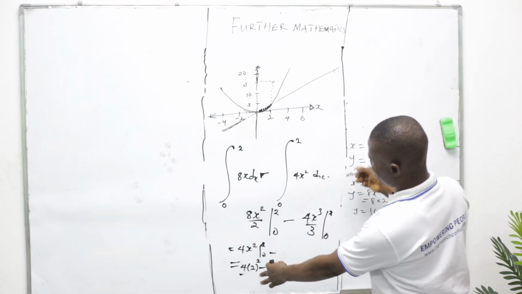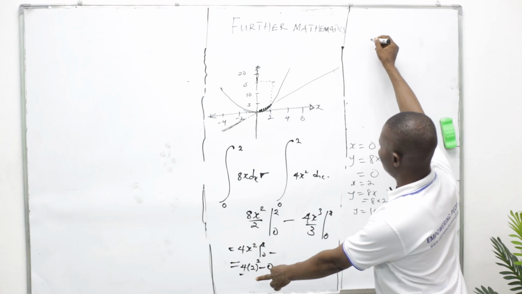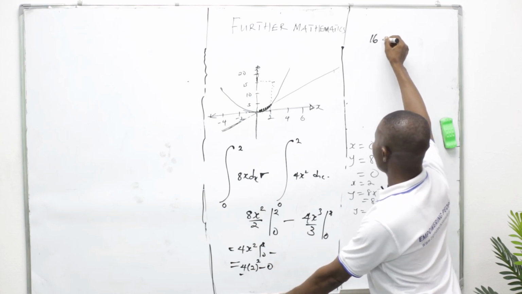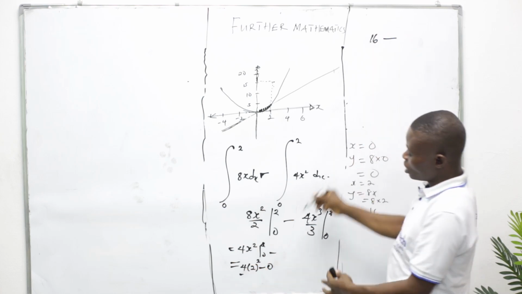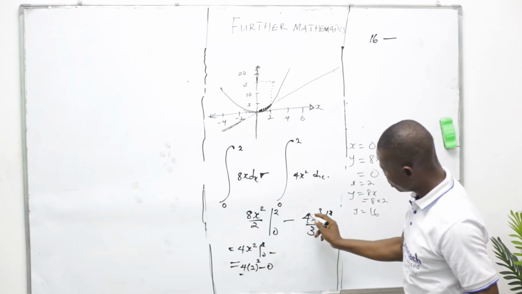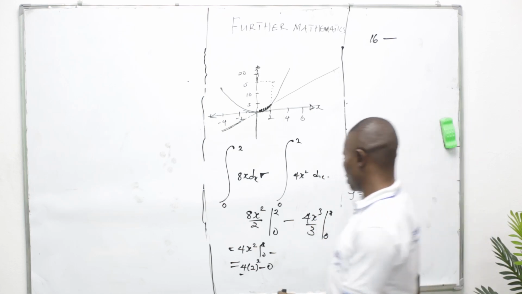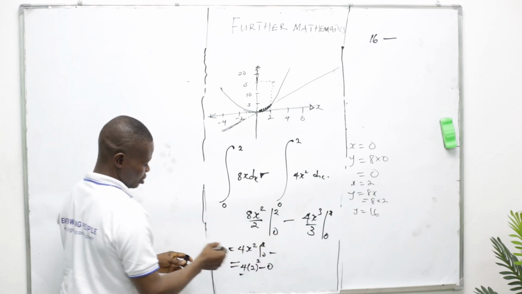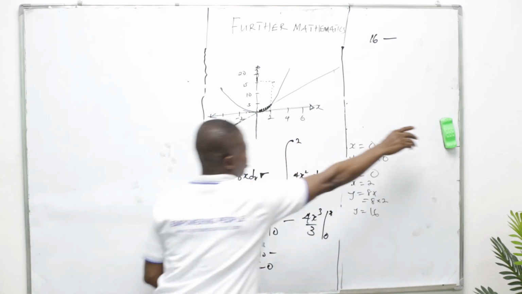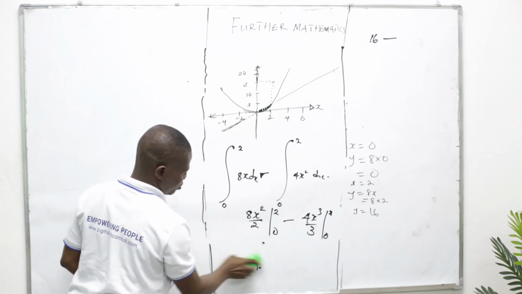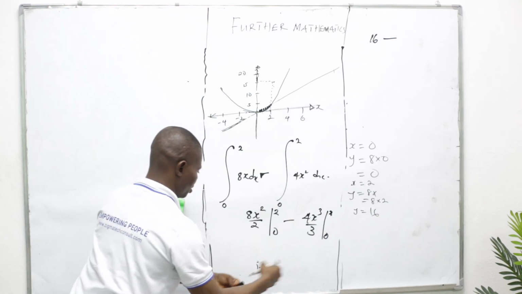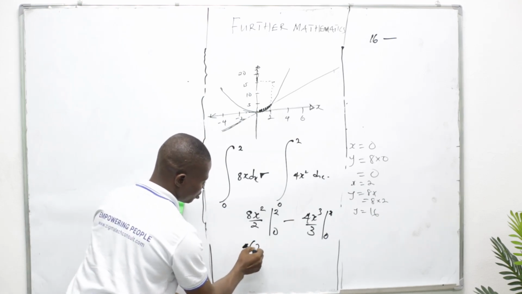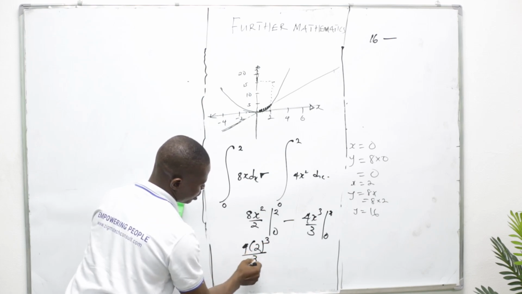For the first integration, I will have 16. I'm keeping it, then minus the second integral value, which is 4 all over this. Let me come this way so you can see what I'm doing. That is 4 into 2 power 3 all over 3 minus 0.